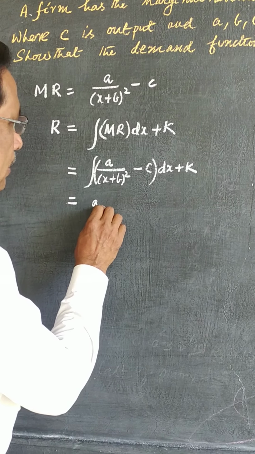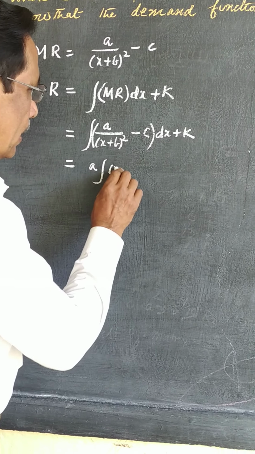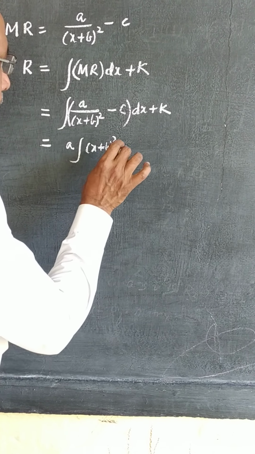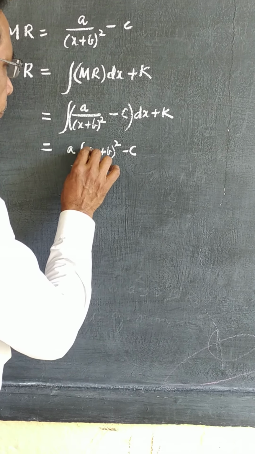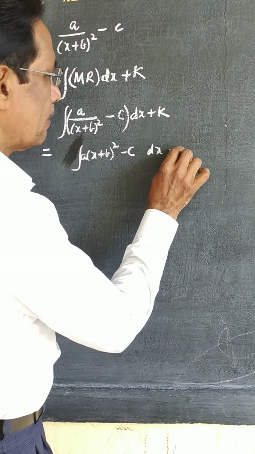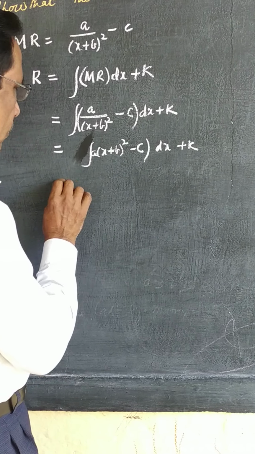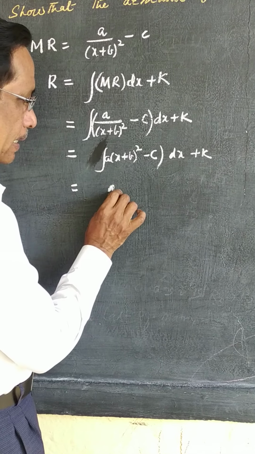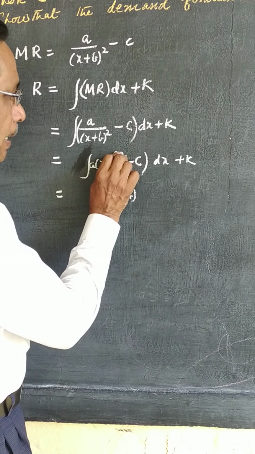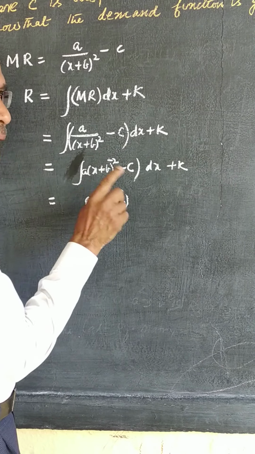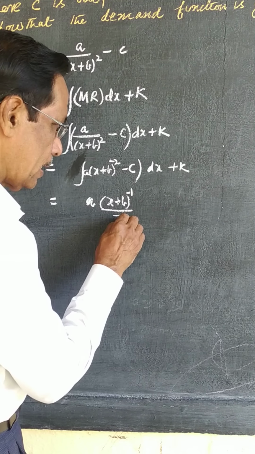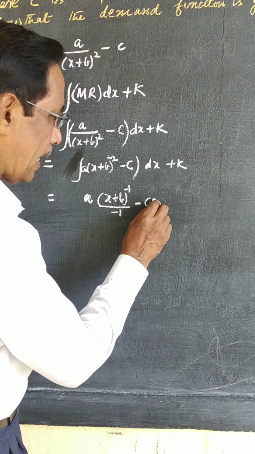A can be taken out, integral of (X plus B) power minus 2 minus C into dx plus k. Now on integration we get A into (X plus B) power minus 2 plus 1, and minus 2 plus 1 is minus 1, by minus 1, minus Cx plus k. This is R.